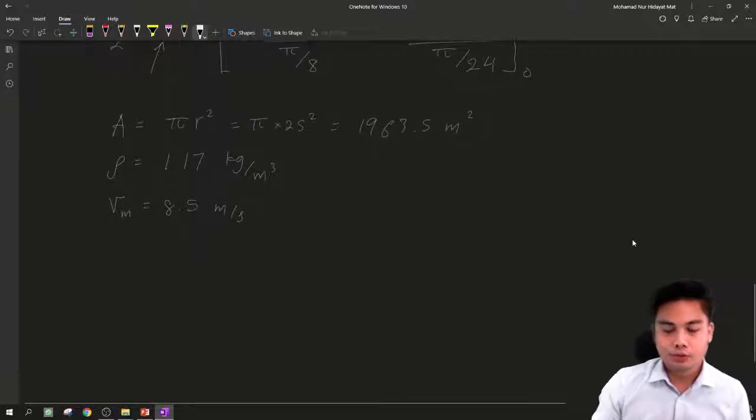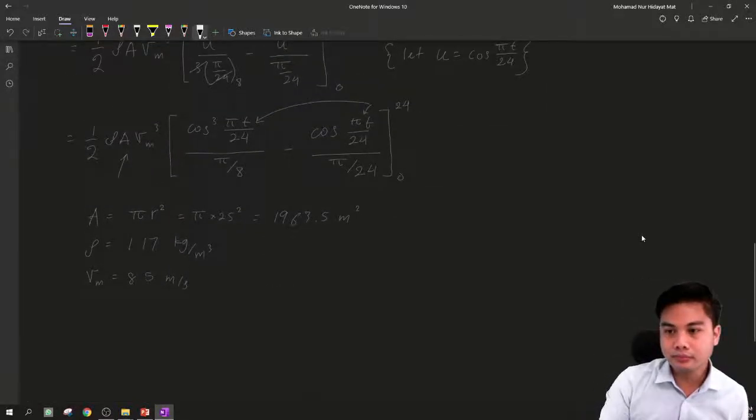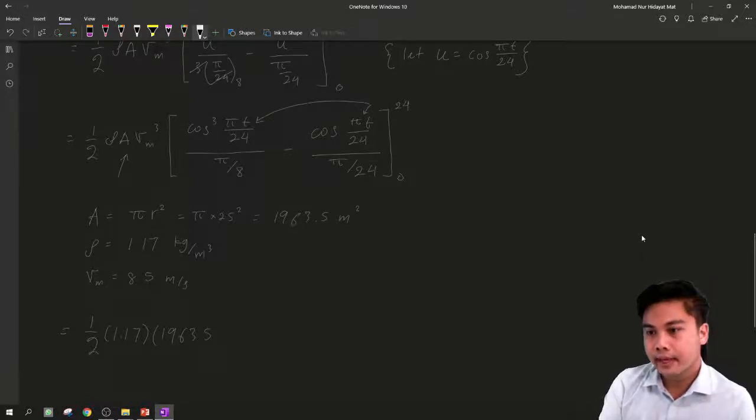So we try to solve this. 1/2, rho is 1.17, area is 1963.5, and the velocity cubed is 8.5 cubed.